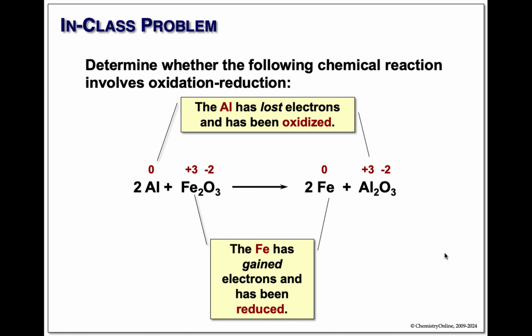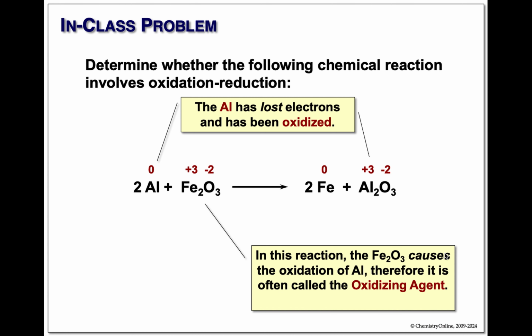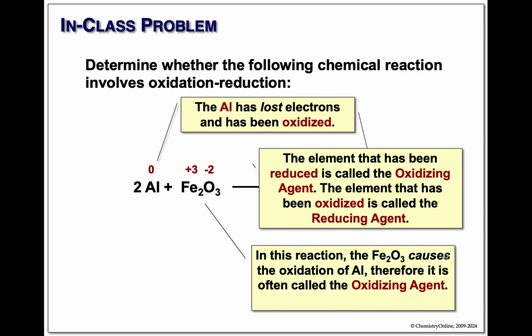Likewise, the aluminum reduced the iron here, so it's a reducing agent. It's oxidized, makes it a reducing agent. It's reduced, makes it an oxidizing agent. You don't have to know this, but general chemistry, they would love to do this because it makes it so confusing. Okay, I won't be confusing.